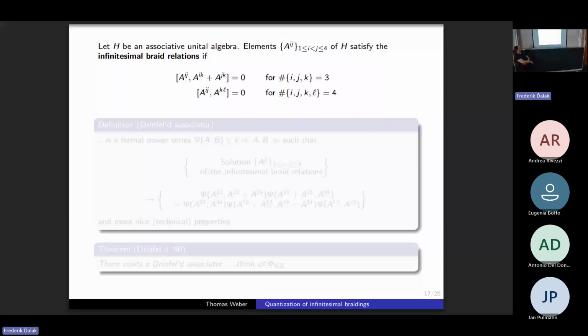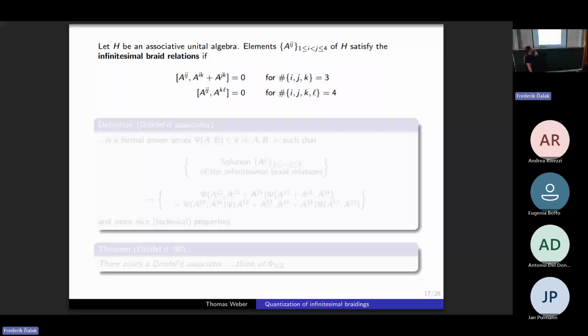So first, we should understand what the infinitesimal braid relations are. They are written here. You just take a family of elements that you call A, I, J, with upper indices that run from 1 to 4, and you want certain commutators to vanish. Maybe first look at the second commutator.